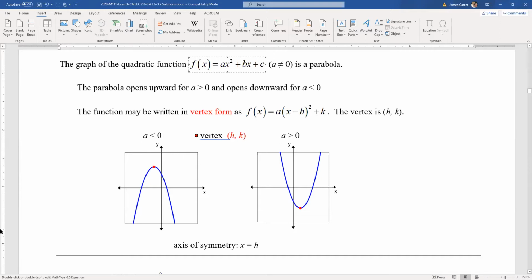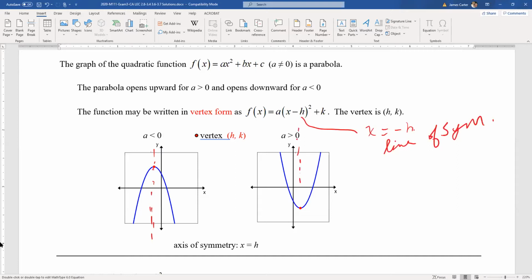One is it will be the x value. That'll give you the line of symmetry. So in this case, it would be like that down through the center.